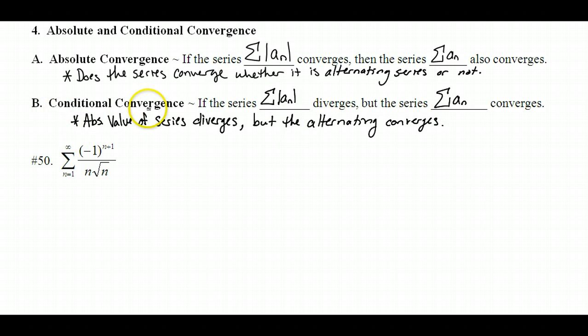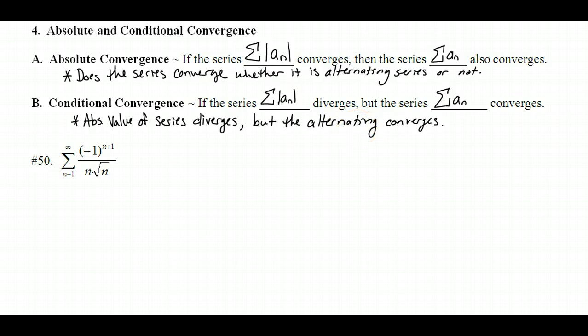So that's conditional convergence. And why it's called conditional is that under the condition that it's alternating, then it can converge. Because an alternating series converges a lot more easily than your basic series. It doesn't take much to prove it.